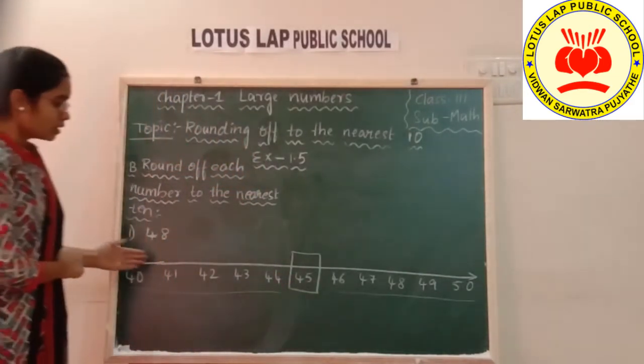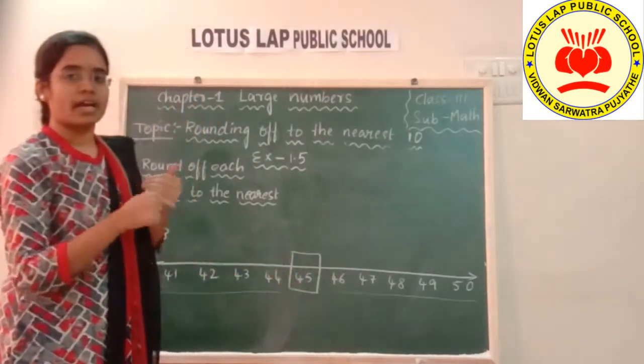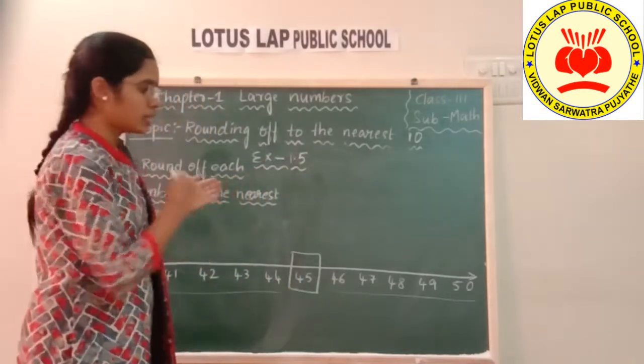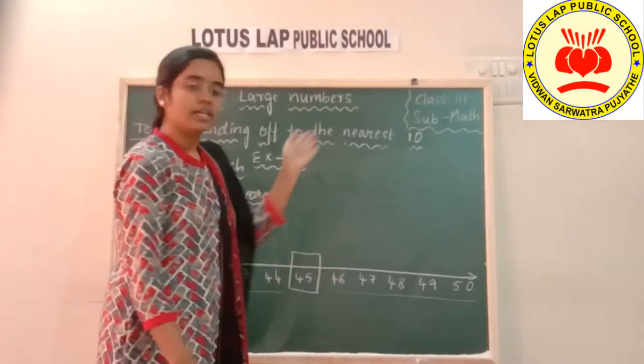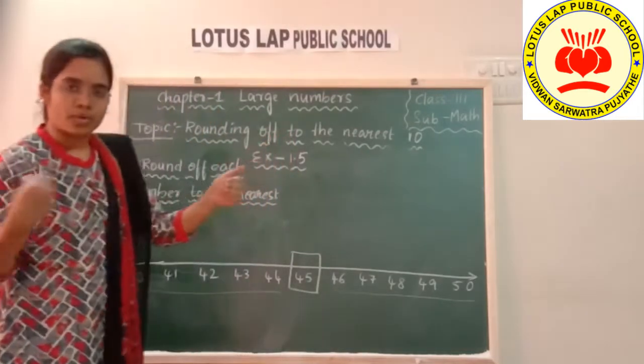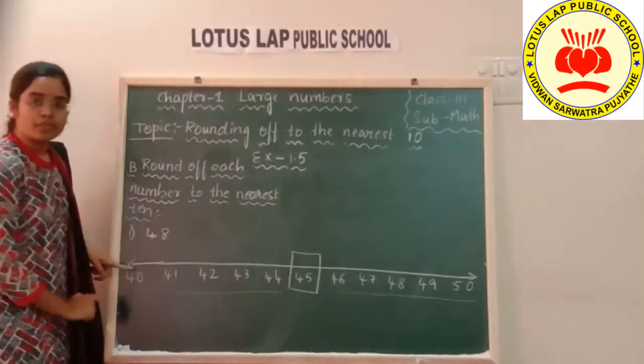As I have told you, 45 including 5 and numbers above 5 are to be rounded off to the next 10's value, children. And numbers before 5 are to be rounded off to the before 10's value.